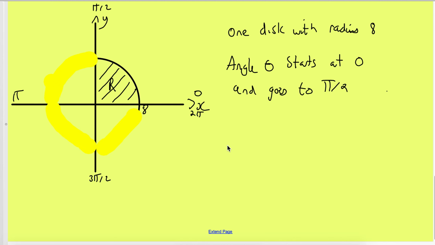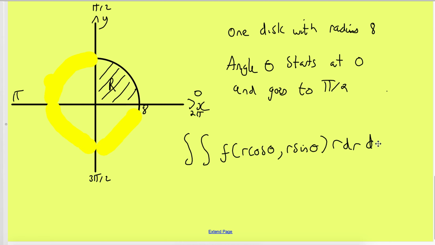So our double integral we would set up like this. Our function is going to look like f of r cos theta, r sin theta, r dr d theta. Now my internal integral always is to do with the disk. I know that I've only got one disk.